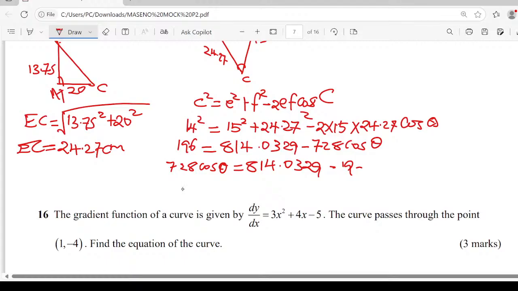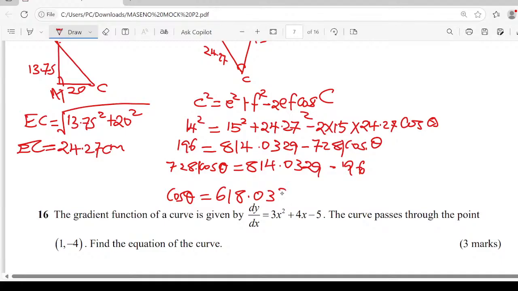So my cos theta will be 814.0329 minus 196. I get 618.0329. Am I doing this right?